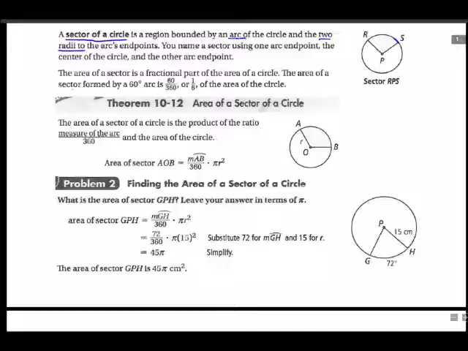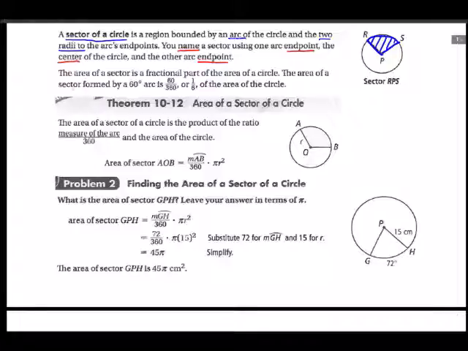So here's our arc and here's our radii that go to those endpoints of that arc. This is a sector. And we name our sector using an endpoint, the center of the circle, and the other endpoint. So you see sector RPS here. There's no fancy symbol for it. We just name it sector RPS. It could also be sector SPR.